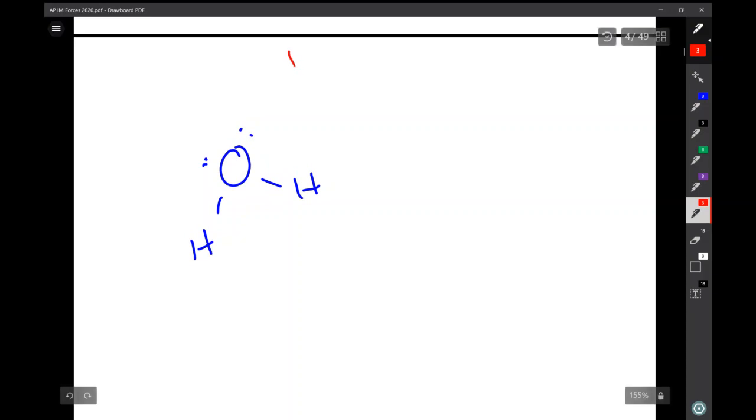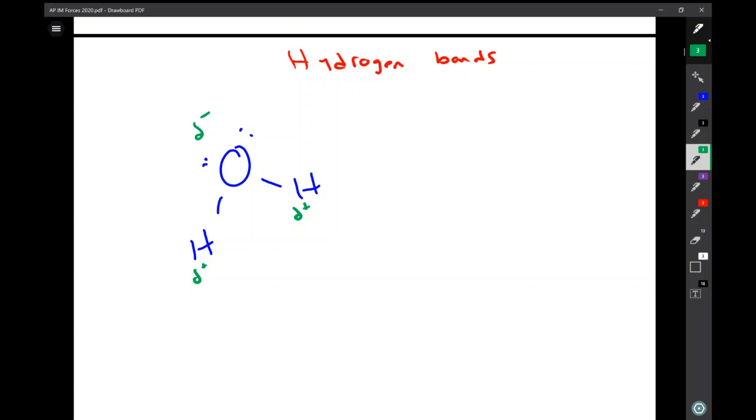Now this is your hydrogen bonds. If you look at water, hydrogen's partial positive, and your oxygen's partial negative. What's different here is, oxygen's very, very electronegative.